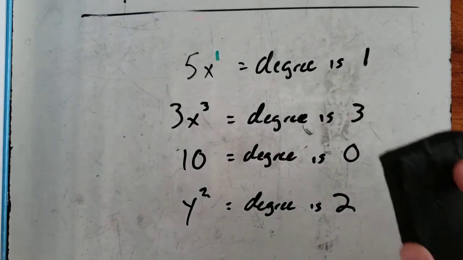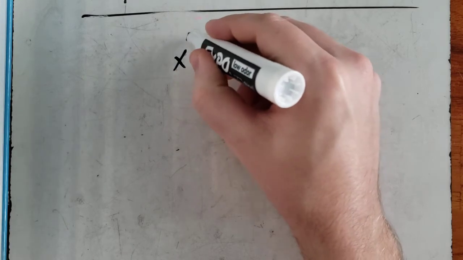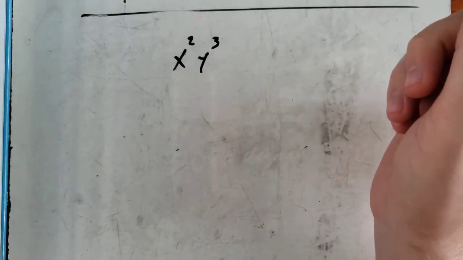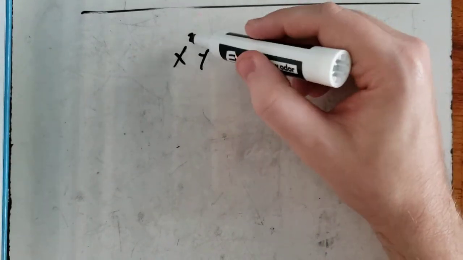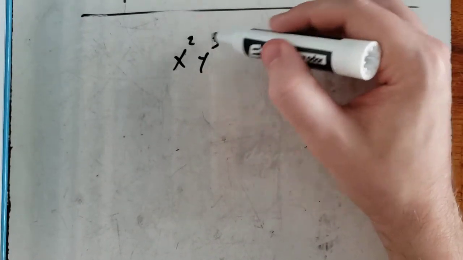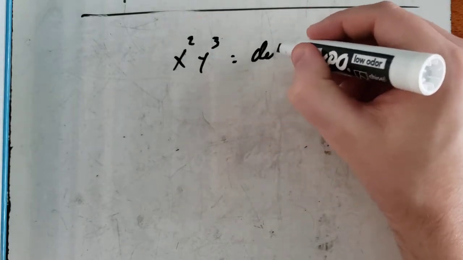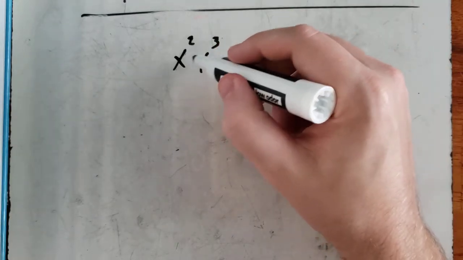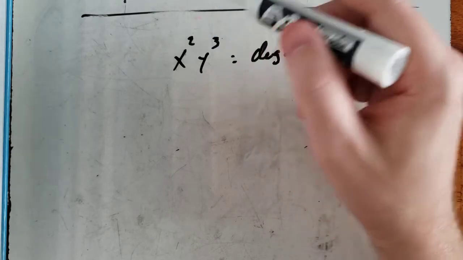Now let's add some more letters in there. Let's say you have x squared y to the third. Anytime you have 2 letters, you're still looking at the exponents of these 2 letters. When you have multiple letters with exponents, what you have to do is add the exponents.